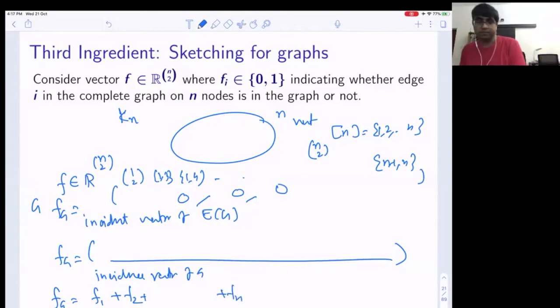But you have to be a bit careful, because an edge ij occurs both in the ith coordinate and in the jth. Suppose I had an edge i comma j. This is why I wrote more or less.